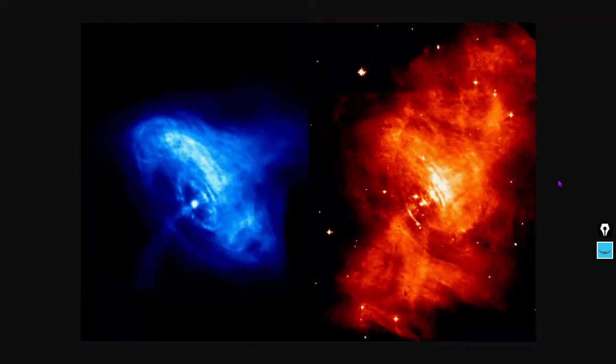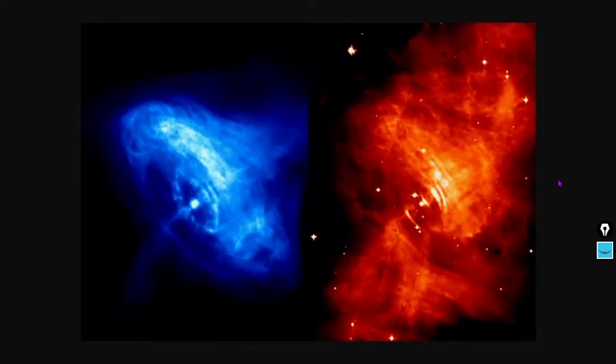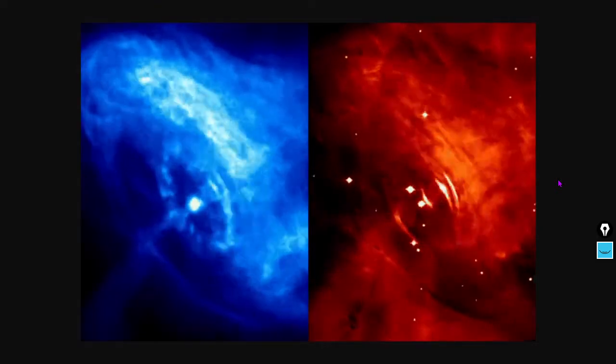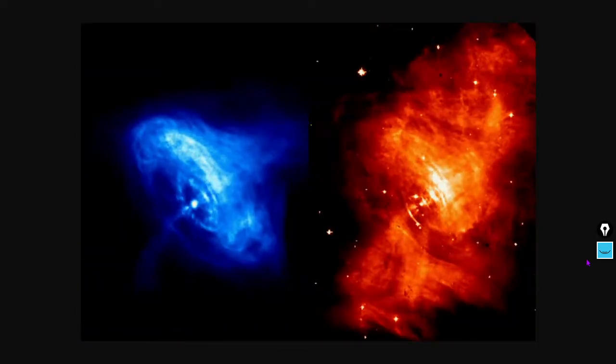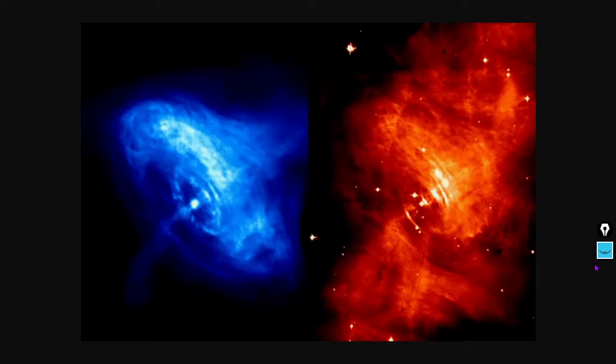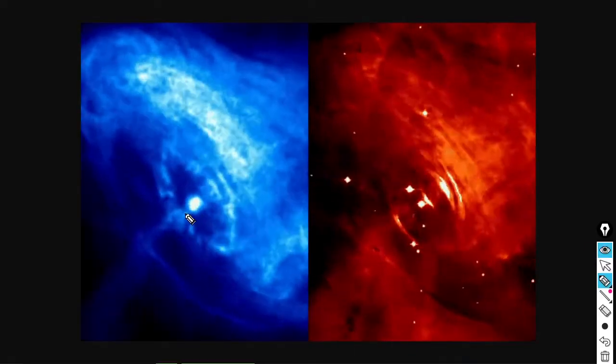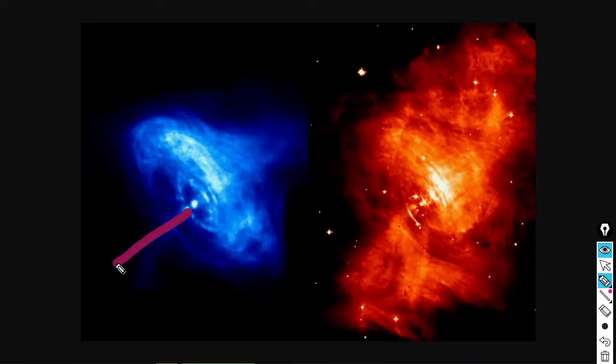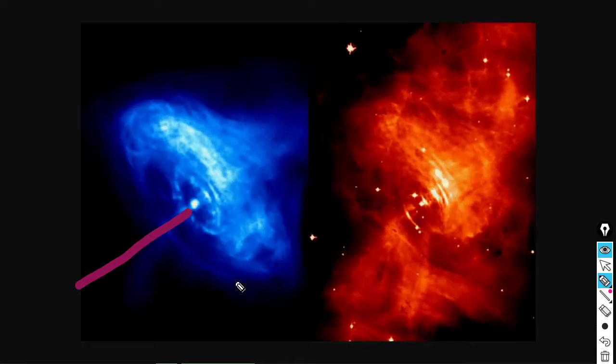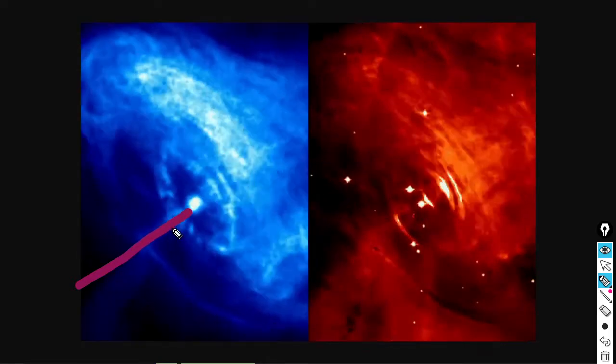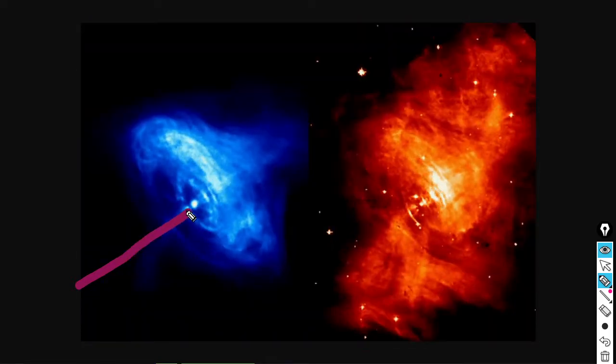Now, this is the Crab pulsar, and I just wanted to bring up this image to cite a quick little thing here. One, this is the poloidal field of the pulsar. So you see that jet coming out there? That's coming out of the pole.